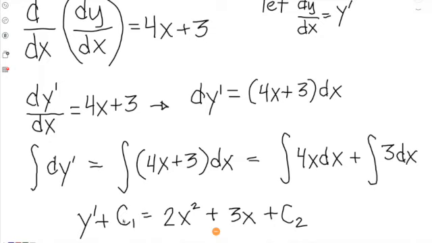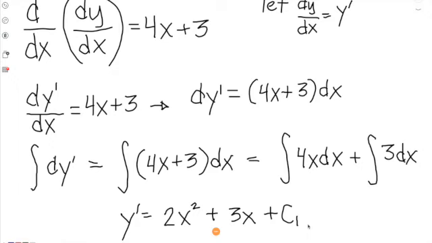We transpose C1 to the other side, and let's write that down as an arbitrary constant. So y prime would just be equal to 2x squared plus 3x plus c. Since we are going to do anti-differentiation twice, let's name this arbitrary constant c1, because in the next anti-differentiation we'll also generate another arbitrary constant which we will call c2.